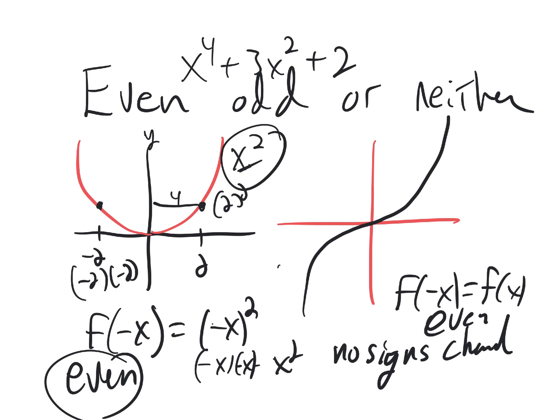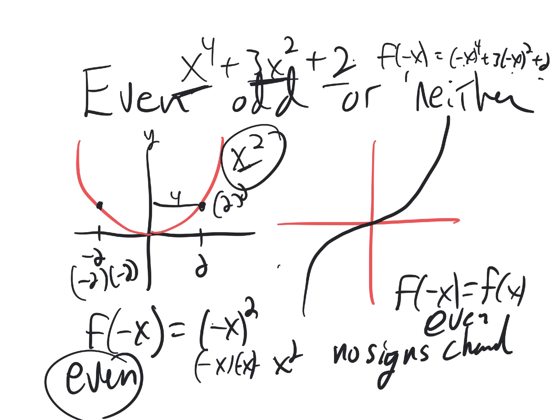And they're right, but they're right because if I drop in negative x to the fourth plus 3 times negative x squared plus 2, nothing changes. A negative number to the fourth power is going to be x to the fourth. And negative x to the second power times 3 is going to be positive 3x squared. Of course, the 2 doesn't change. So that's an even function because of this, not because all the powers are even.